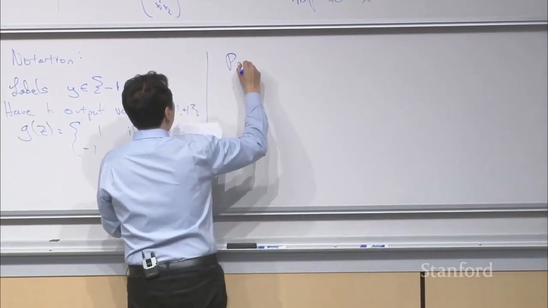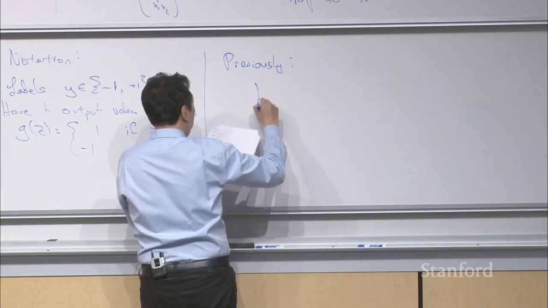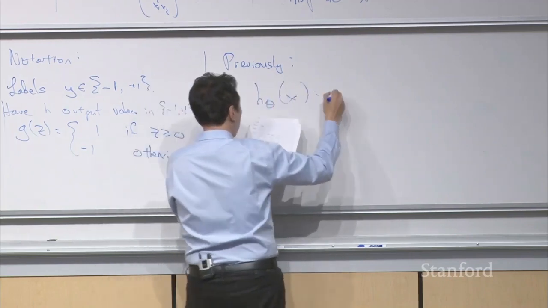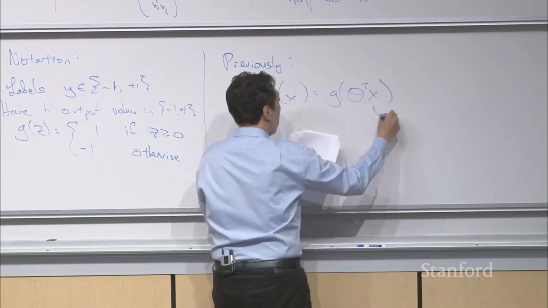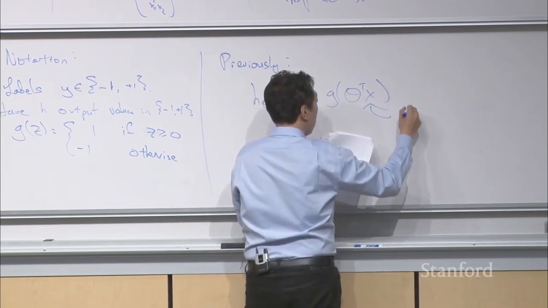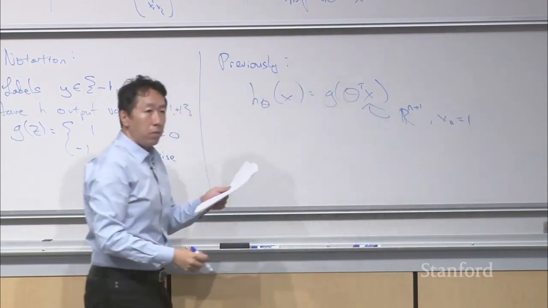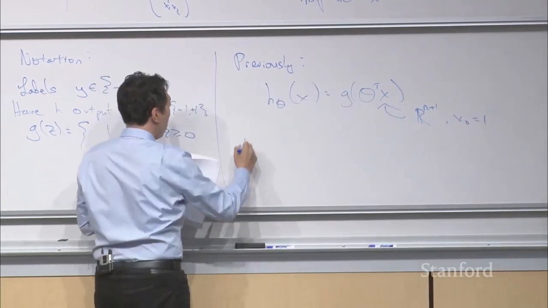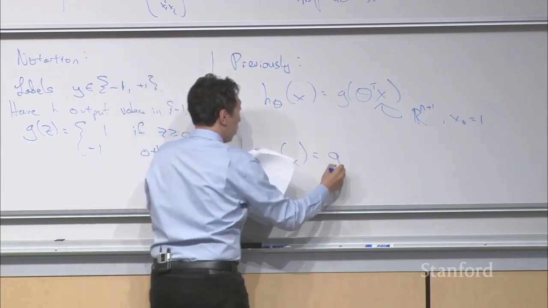And finally, where previously for logistic regression we had h of x, where this was R^(n+1) with x0 equals 1, for the SVM we will have h of, I'll just write this out.